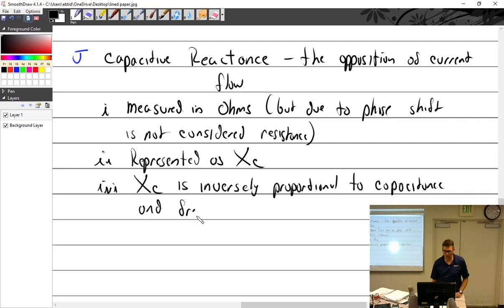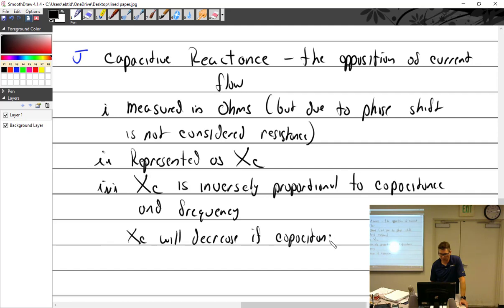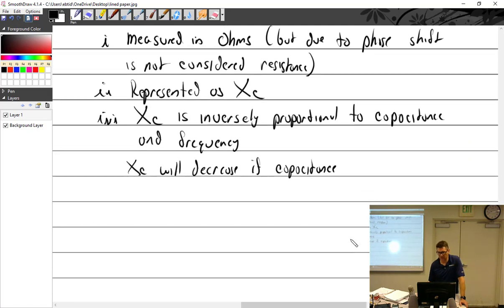In other words, reactance, or X of C, will decrease if capacitance or frequency increase. So if you increase the size of the capacitor, you get less X of C. If you increase the frequency, you get less X of C.